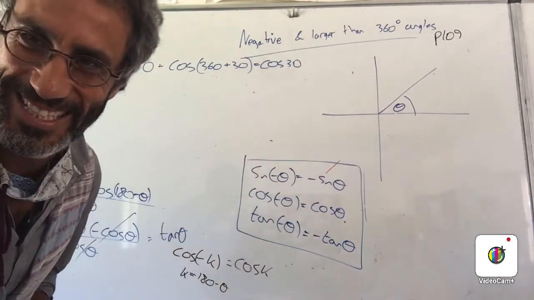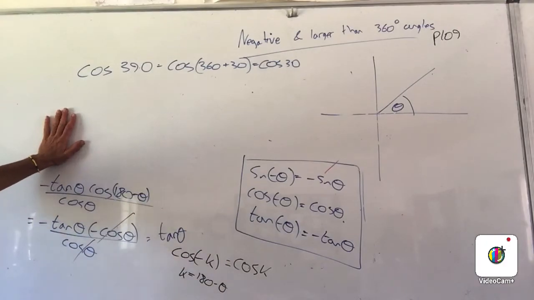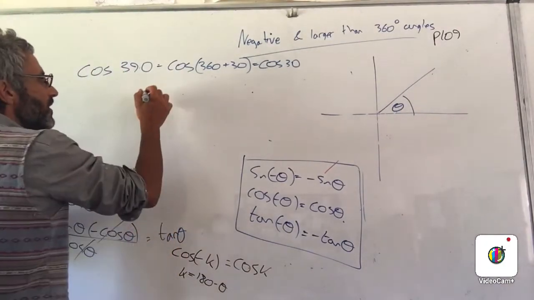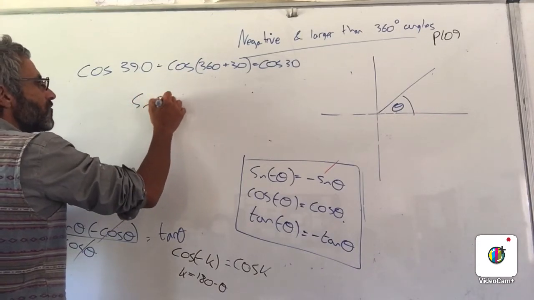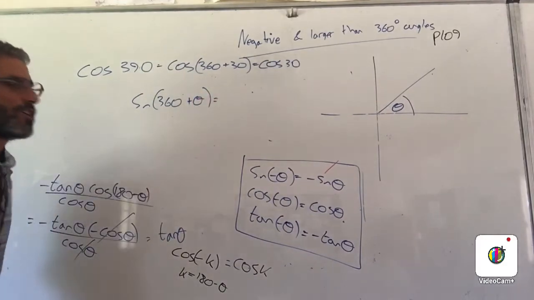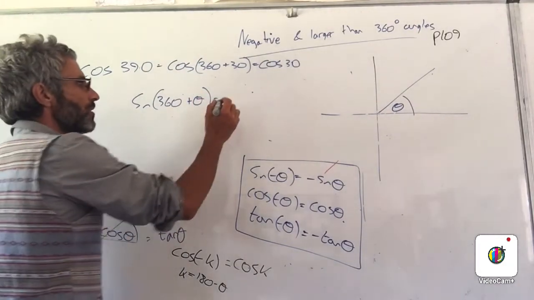Okay, so we need some kind of formula, and it's actually a really easy formula. If I have sine of 360 plus theta, what is that going to be reduced to? Sine theta.